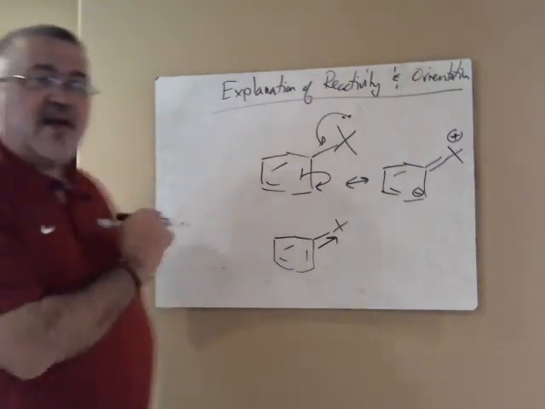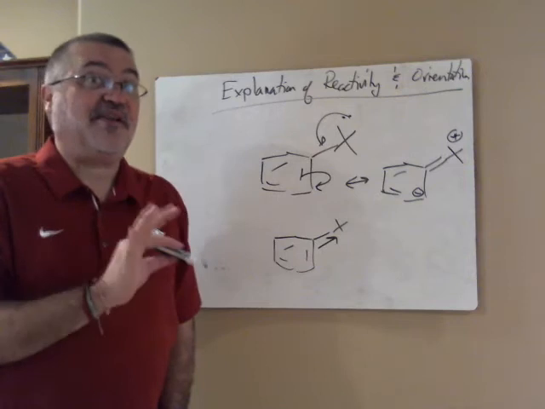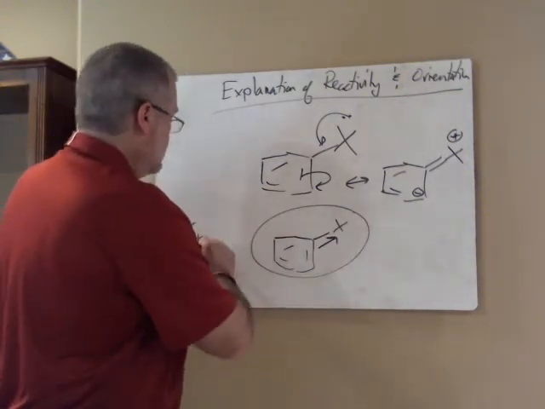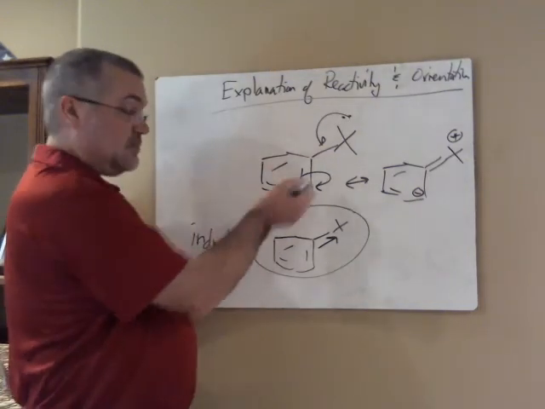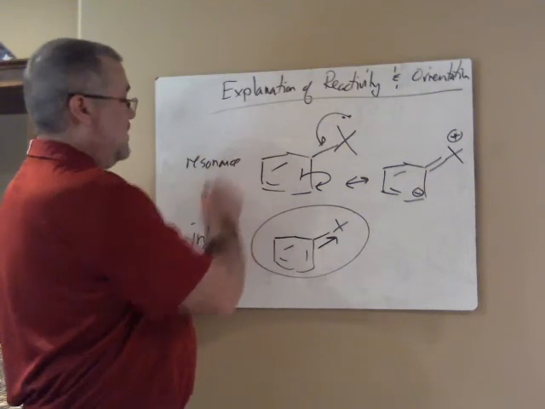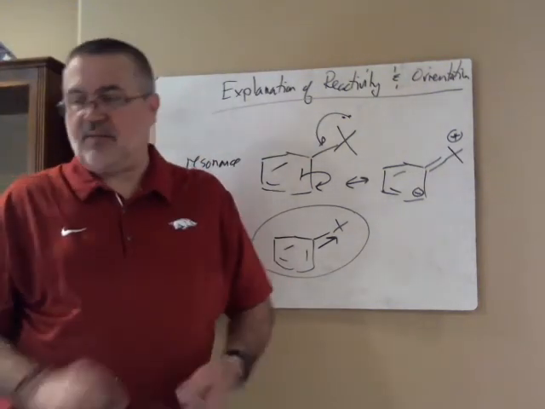Well, in the case of halides, because they are so electronegative, the most electronegative things, the induction in this case overpowers the resonance. So that's why these are actually deactivators. All right, but they're the exception.